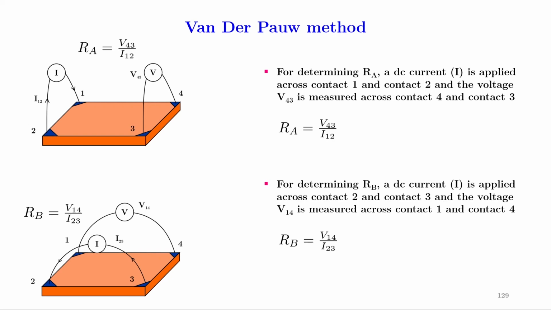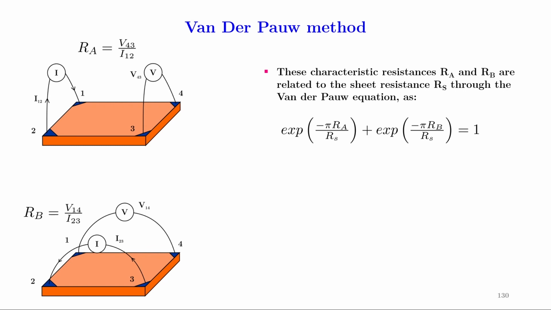To determine Rb, a DC current I is applied across contact 2 and 3, and the voltage V14 is measured across contact 1 and contact 4. Then Rb equal to V14 over I23.